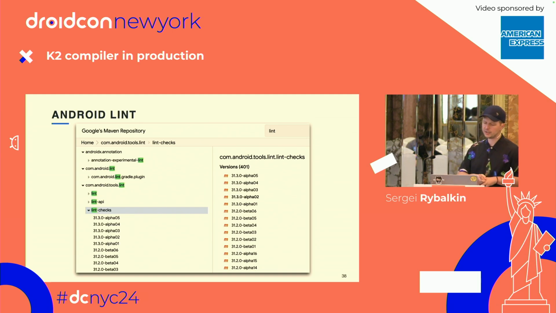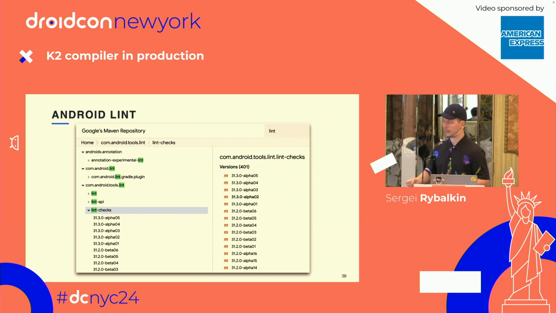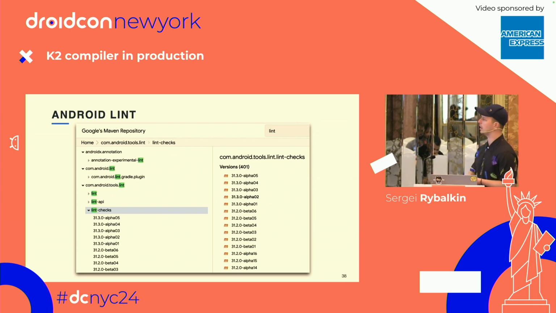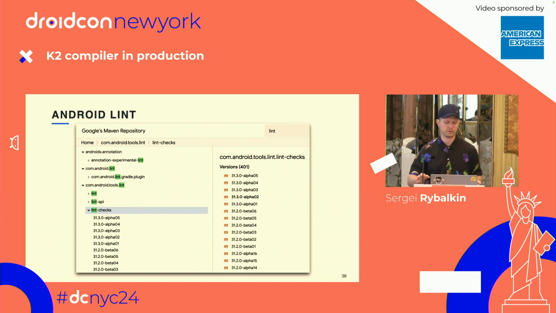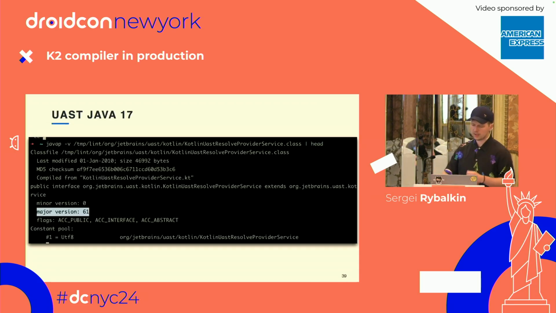And then a big part of AndroidX was moving together with Kotlin. It depended on the Kotlin compiler. One of the good examples there is Android Lint, which was shipping with UAST at that moment and already depended on Java 17. So we wanted to make the linting framework work for us, but there was a surprise.